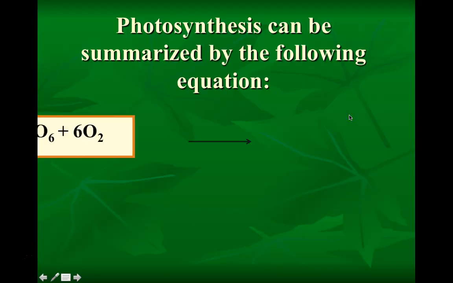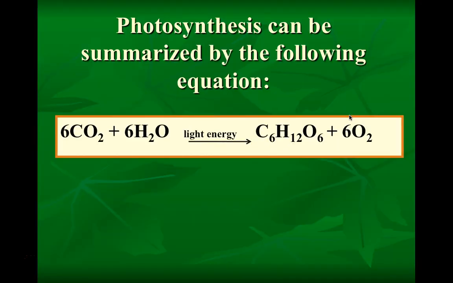Photosynthesis can be summarized by the following equation. 6 molecules of carbon dioxide, 6 molecules of water, using the energy from sunlight to create our products, which is glucose, C6H12O6, which should be familiar to us from the carbohydrate unit of macromolecules, and 6 molecules of oxygen.